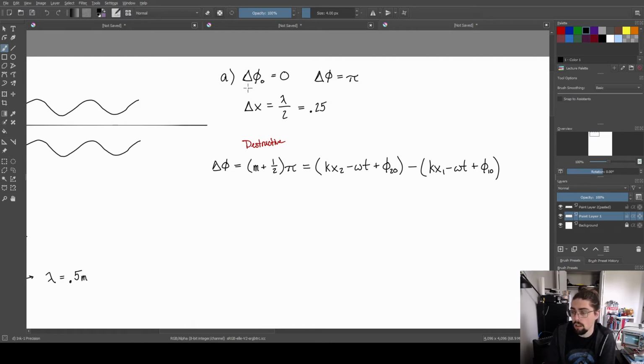We know that the difference between these two phases is 0. That is to say, phi 2 naught cancels out with phi 1 naught, whatever that is. Omega t also cancels out. We're left with this kind of strange equation. Whoops, and that should be a 2 pi, shouldn't it?